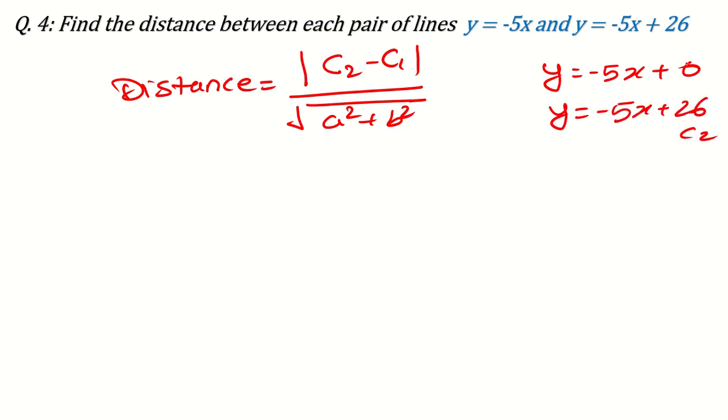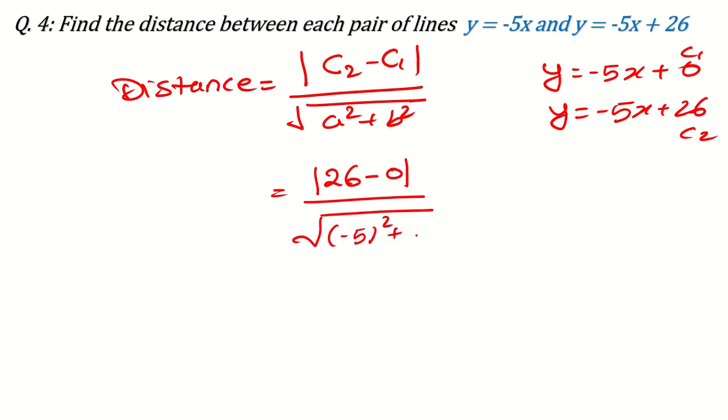Now this is C2, this is C1, or you can change also, no problem. So the absolute value of 26 minus 0 divided by the square root of minus 5 square plus 0 square is equal to the absolute value of 26 divided by the square root of 25 units.